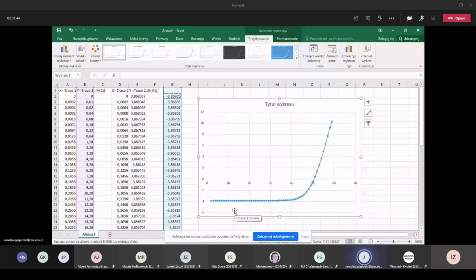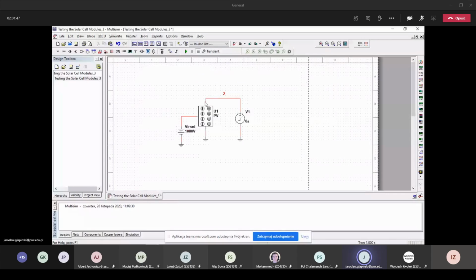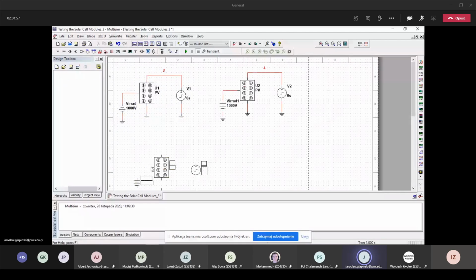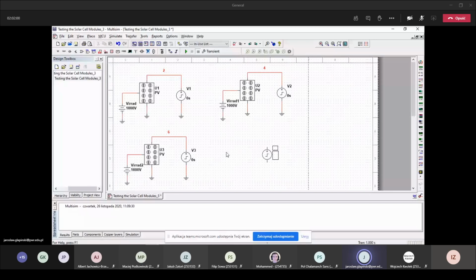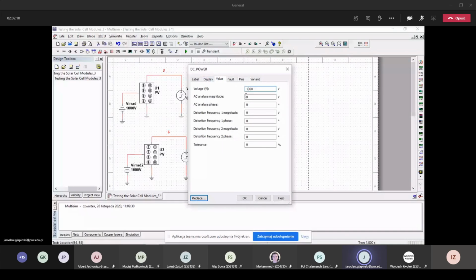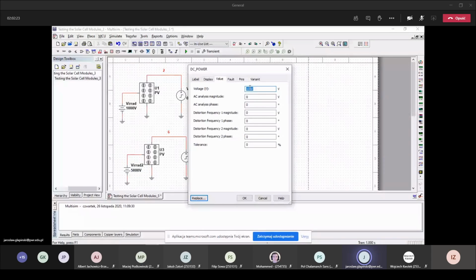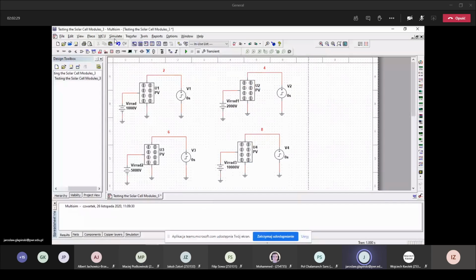Let's make maybe more of these circuits, and different values of light emission. Double this. Okay. And simulation.